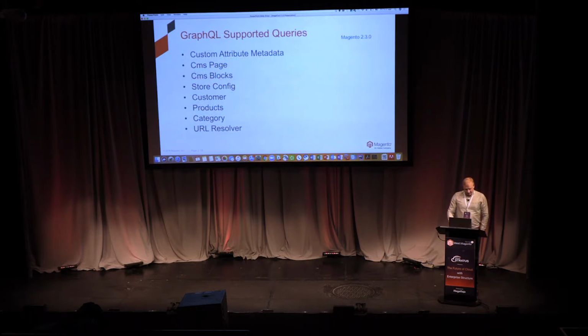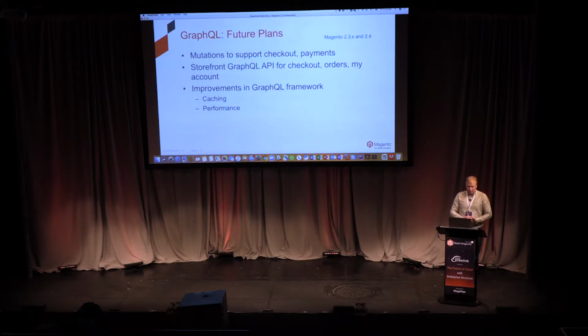Okay, so for today we support the following endpoints, following queries. We plan to add full checkout, orders, and my account endpoints fairly soon, and other things that we plan to work on.